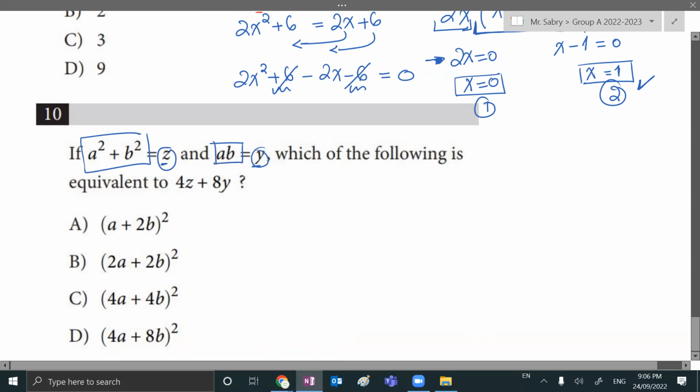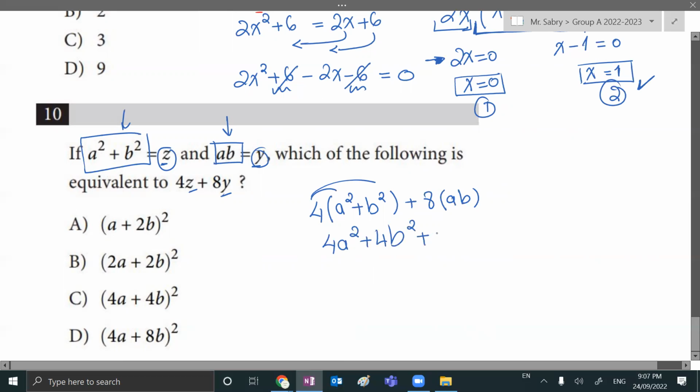So I'll substitute. Instead of the z, I'll put this. And instead of the y, I'll put this. I'll say 4 and then open a bracket, put the a squared plus the b squared, close the bracket, plus 8, and then instead of the y, I'll put just a and b times each other.